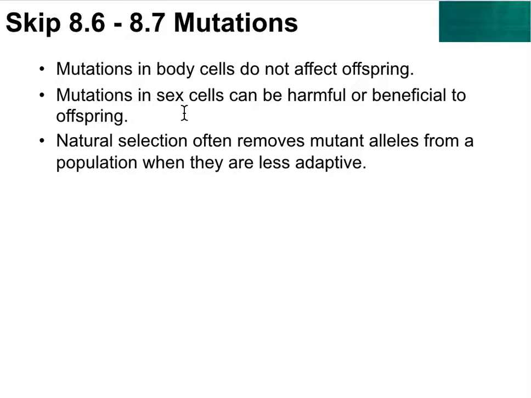So you can pass on mutations that happen in what are called your gametes, your sex cells, what we would know as eggs and sperm. And then as a side note, and we'll talk about this in the future a lot, natural selection oftentimes will quote unquote remove mutant alleles from a population if they're less adaptive. So in other words, if a certain organism has a trait that doesn't give it any sort of advantage, it's just something that's there.